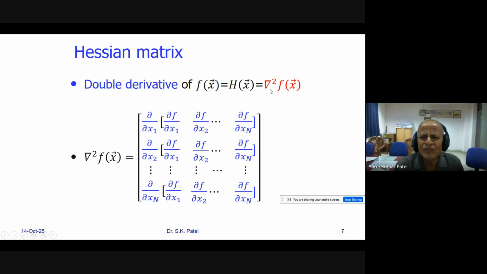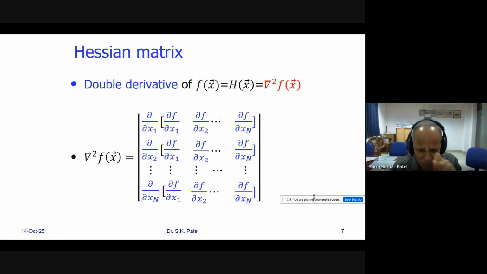And the double derivative will be an n by n matrix, that is denoted as del square f x. It is also called the Hessian matrix. We have taken the gradient vector, del f del x1, and differentiate with respect to x1, that is the first row. The gradient vector, if you take the derivative with respect to x2, this is the second row.